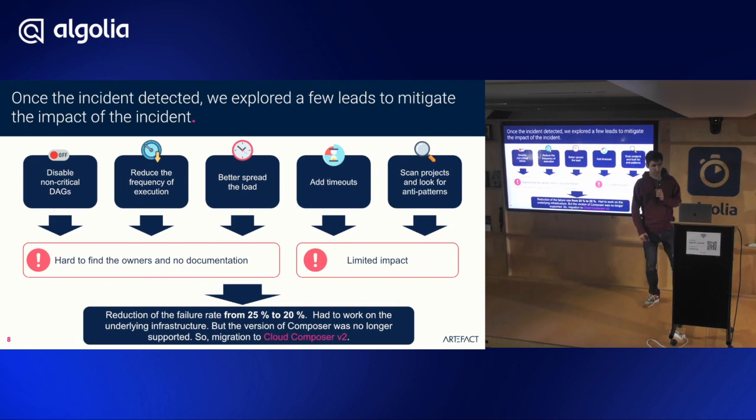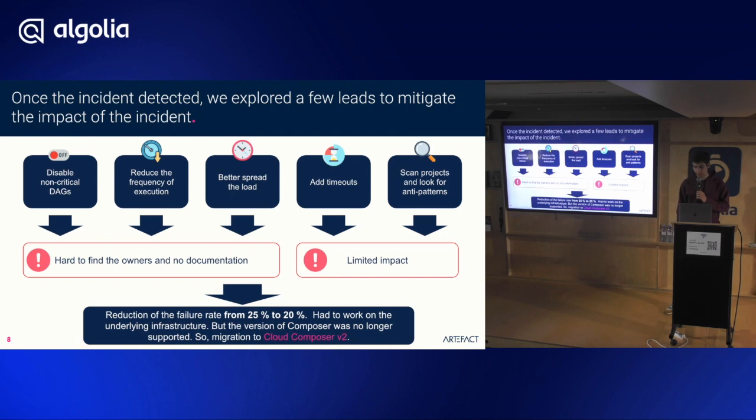The other option was to work on more technical aspects, I would say. For example, add timeouts for sensors to avoid things that can retry for a very, very long time, and scan projects for anti-patterns to avoid unnecessary load. But the projects were quite good, and so again, this had limited impact.